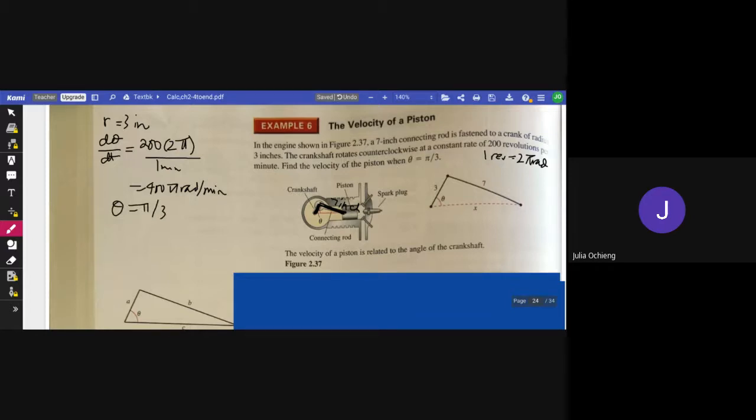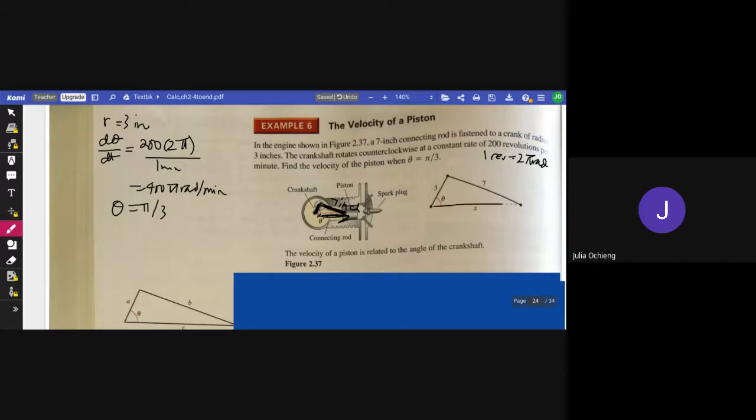And then you're really going to need this diagram to understand what's going on. They want this speed right here, because that's the speed of this piston. So this crankshaft is pushing the piston back and forth, back and forth. They want the velocity of the piston moving back and forth.